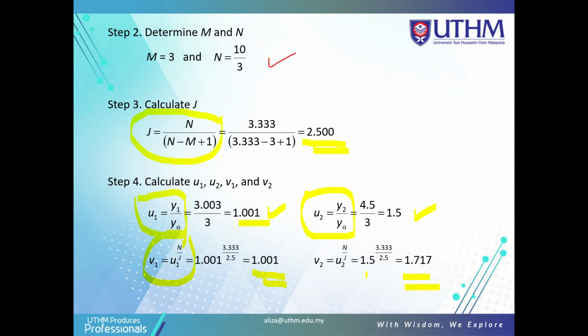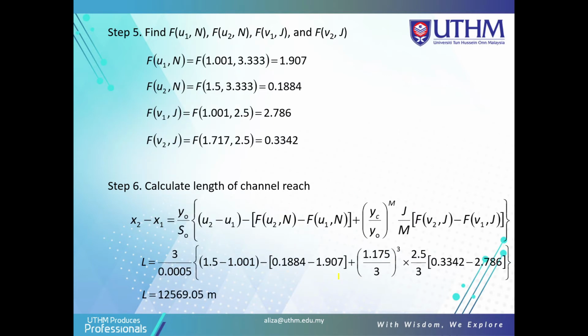After we get this, step 5, now we find Fu1 and Fu2, and Fv1 and Fv2.